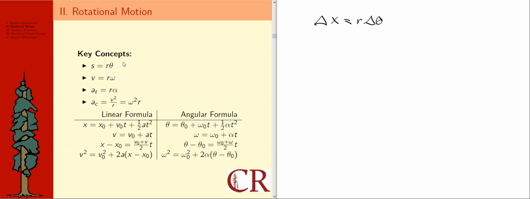For example, this could apply to a wheel rolling over the ground. If it displaces a certain linear distance delta x and it doesn't slip, and that's important, then its linear displacement would be equal to the amount of arc length that rolls over the ground. And since this is the arc length formula, that should correspond to the amount of angle that in a sense it turns by.